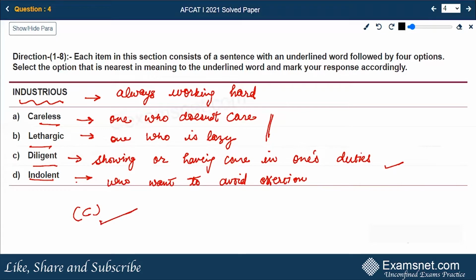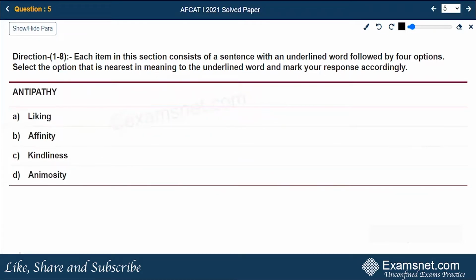Next is question number 5. Antipathy. So you have to choose from the words liking, affinity, kindliness, and animosity. Let's discuss the meaning of each word one by one. Antipathy means deep-seated feeling of aversion or dislike.